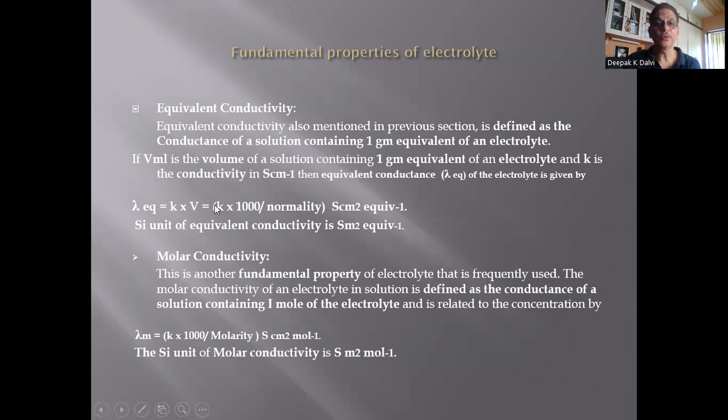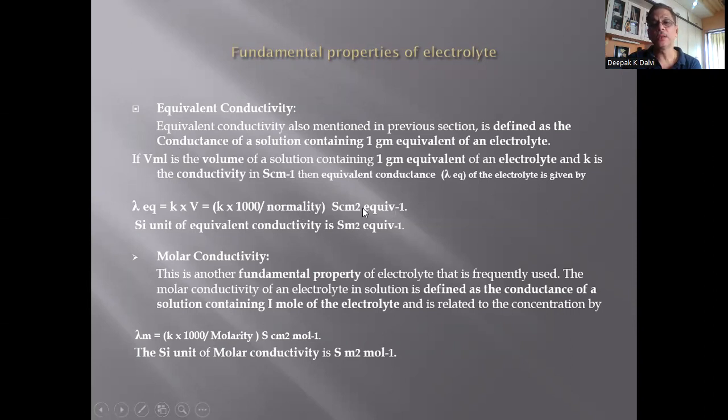K into V, where V is equal to 1000 over normality. Normality means the equivalents of electrolyte, that is 1 gram equivalent of an electrolyte. So lambda EQ is K into 1000 over normality, in Siemens cm square, and normality has the unit equivalent per liter.